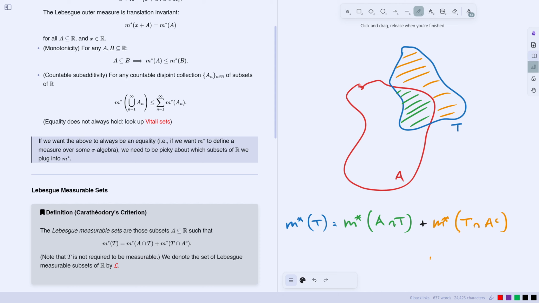You can also write this, equivalently, as T take away A.